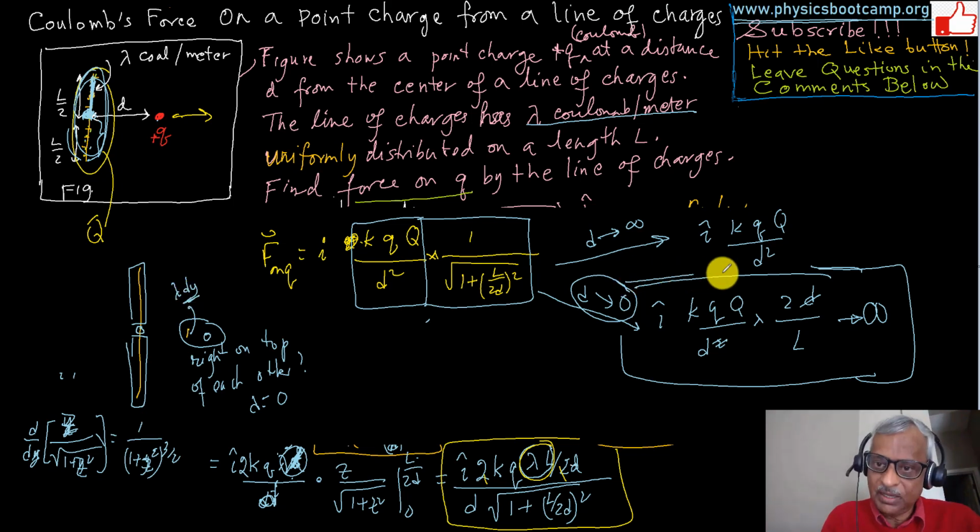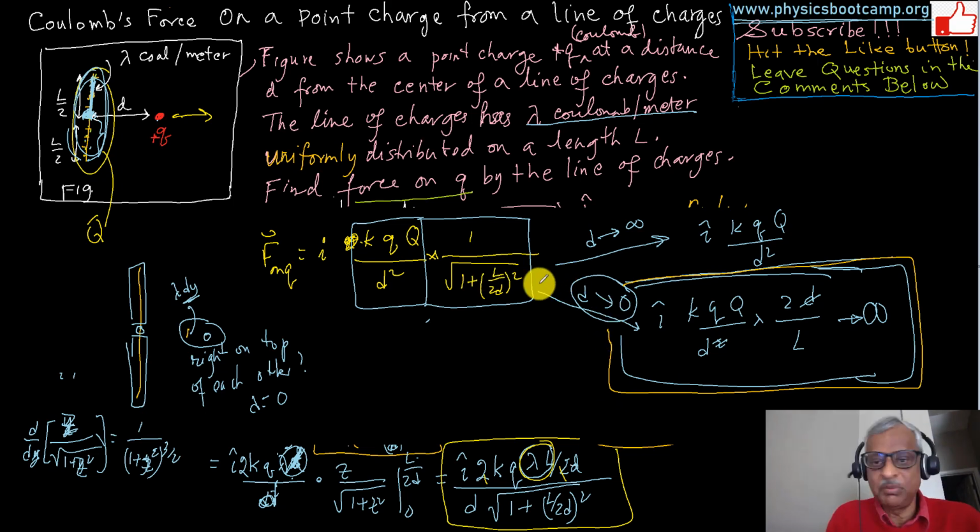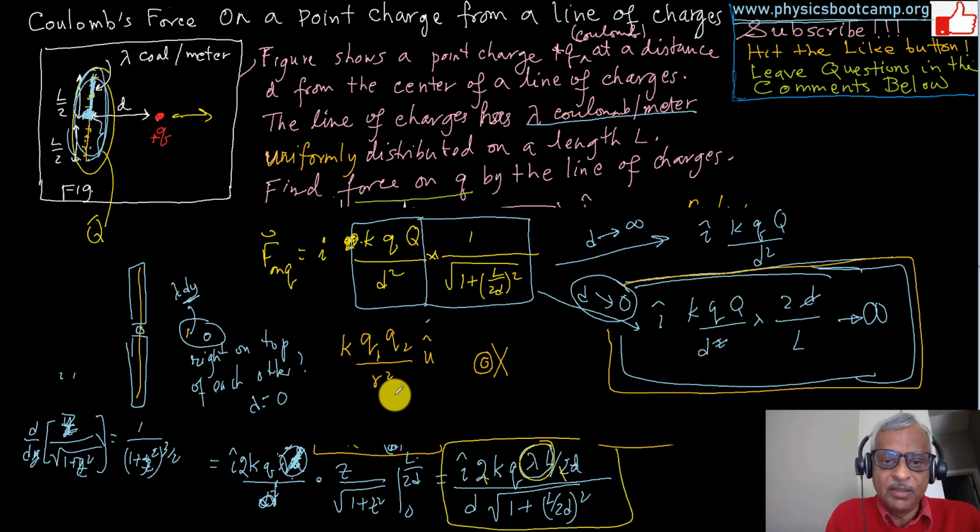So when you're doing a continuous charge problem, you will find that when you take limits, you have to be very careful how to take limits. You can't place one charge on top of another charge and expect it to be zero. So in Coulomb's law, it says K Q1 Q2 over R square, with R not equal to 0.